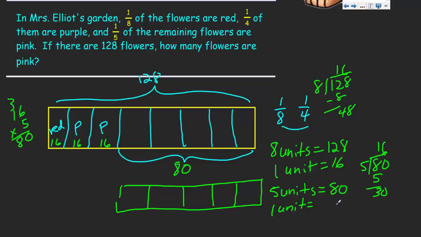So 1 unit is equal to 16. And sure enough, that means 16 flowers are pink. There's the 80 that were remaining, and then we took that fraction, which was 1/5, so we divided that 80 into fifths. This 1 unit, we didn't know what it was, and now it turned out to be 16.